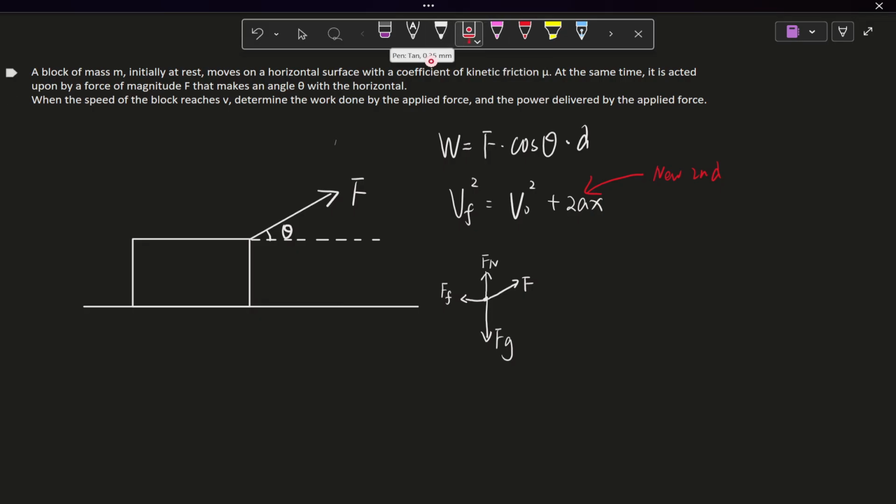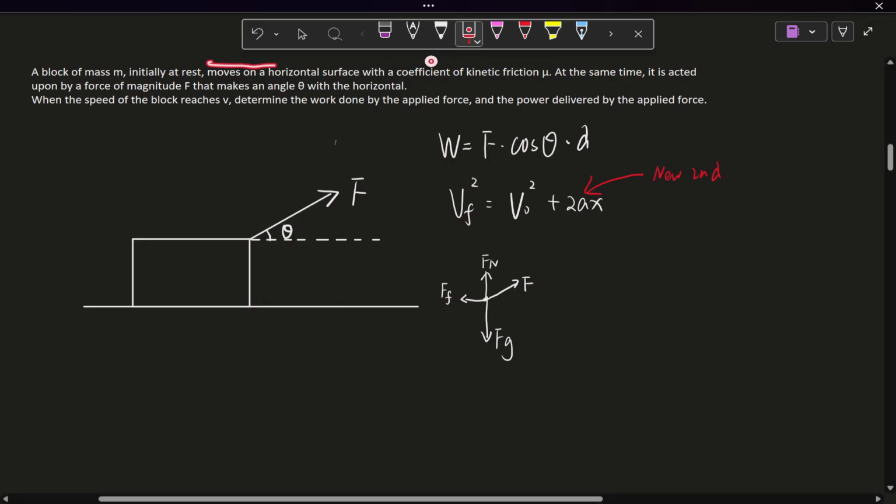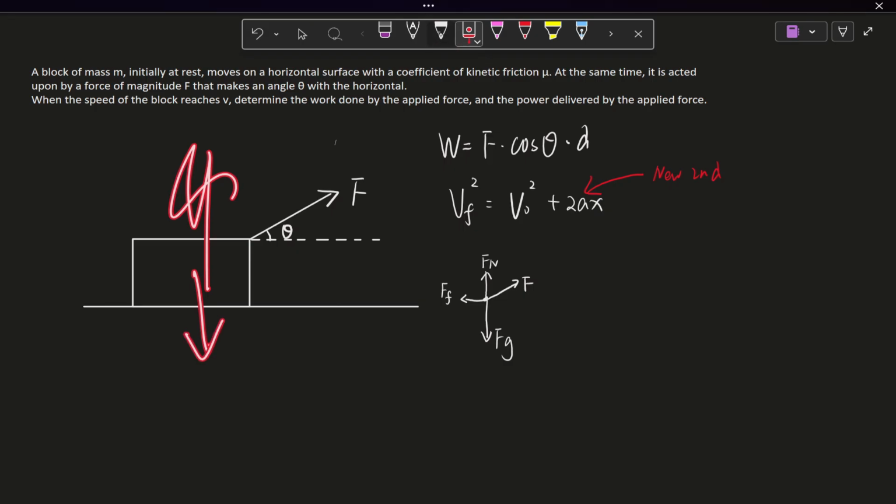On the original question, it says it is moving on a horizontal surface, right? So it's not moving up or down. So vertically, the object is at equilibrium.